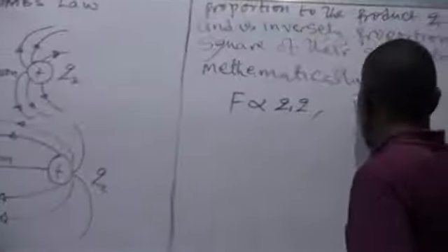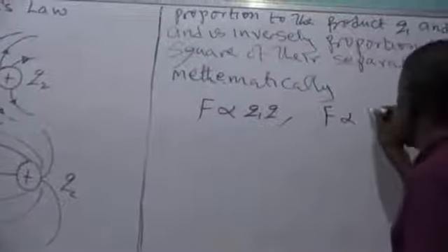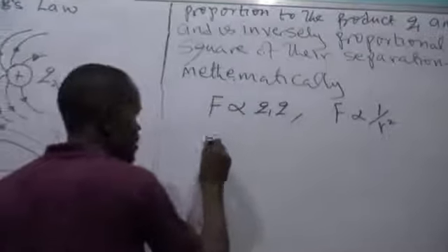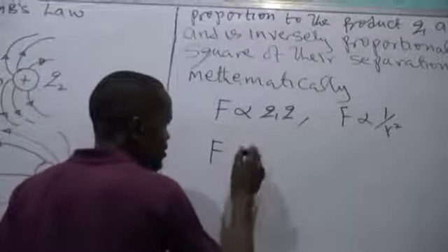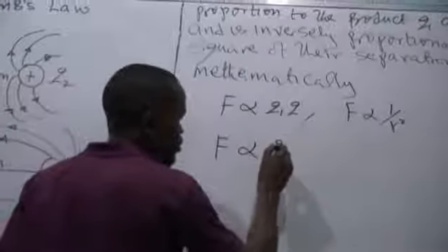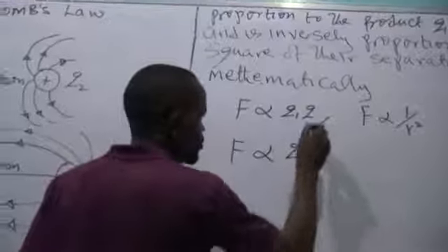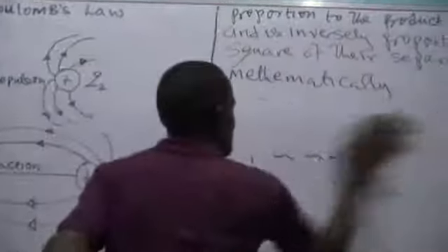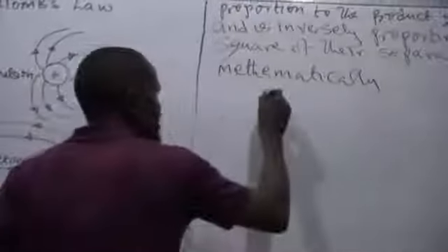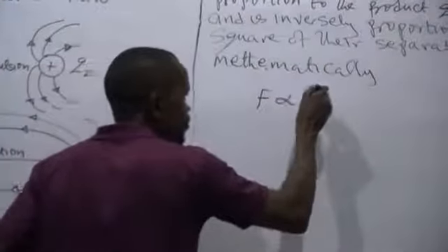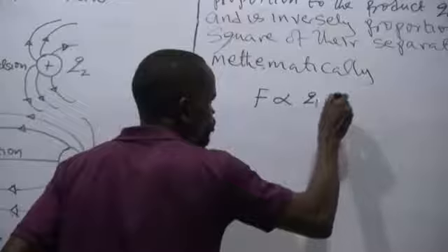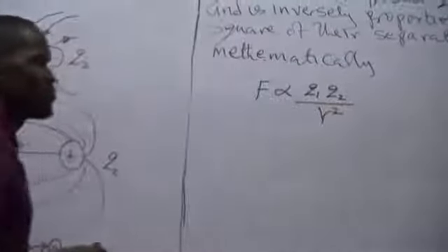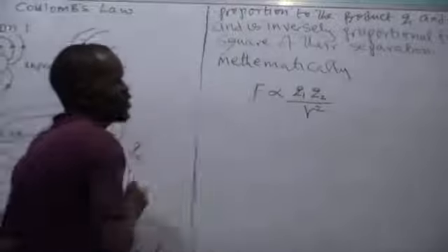Again, F is inversely proportional to R squared. In simplicity, that means F is directly proportional to Q1, Q2, and inversely proportional to R squared. That's what the law is telling us.